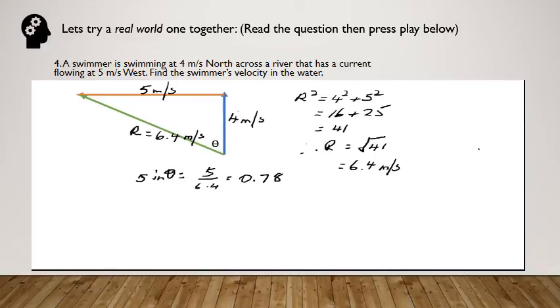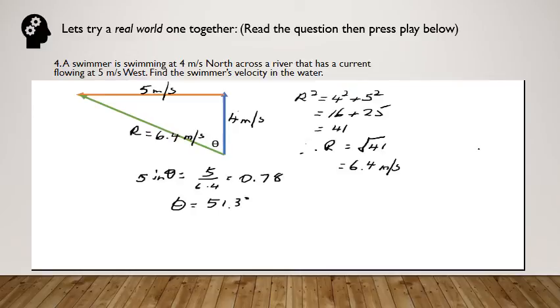That's 0.78. If we pop that number in our calculator and use shift sine, or sine to the power of -1, we should end up with theta equal to 51.3 degrees. Now that is not a true bearing.